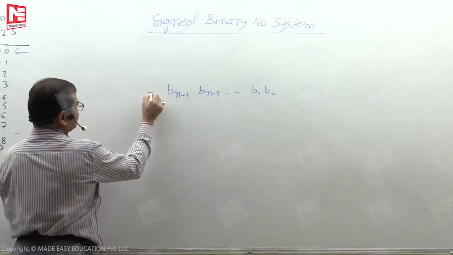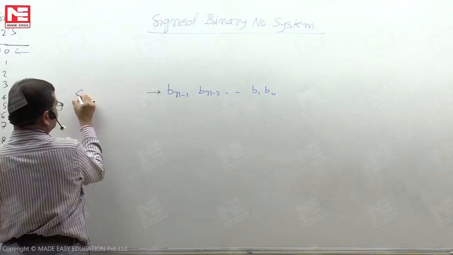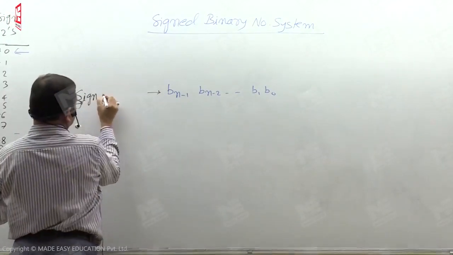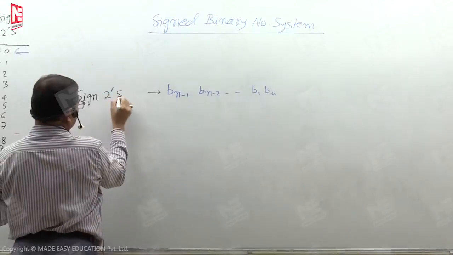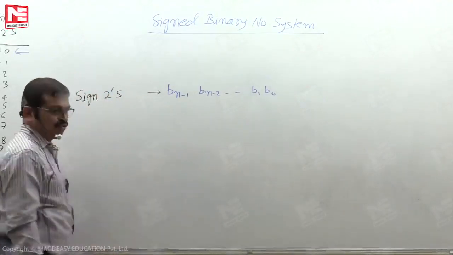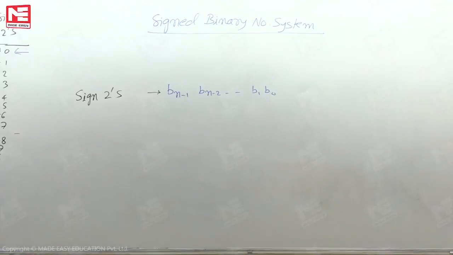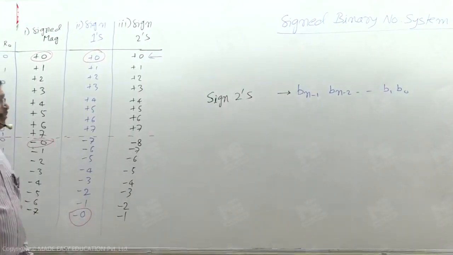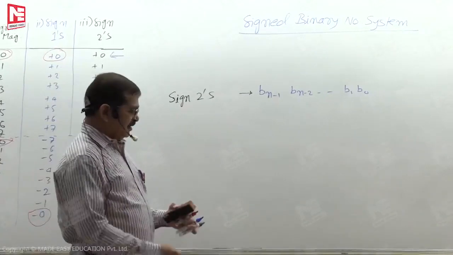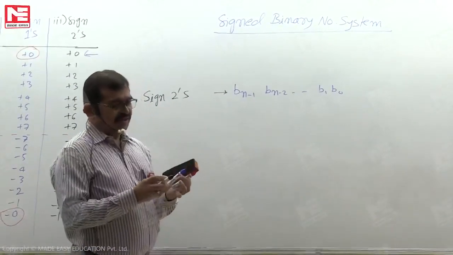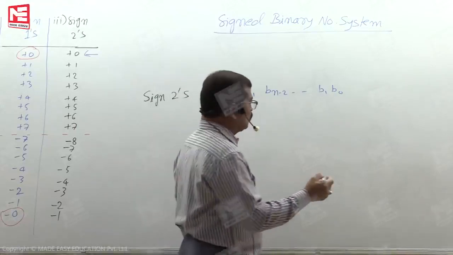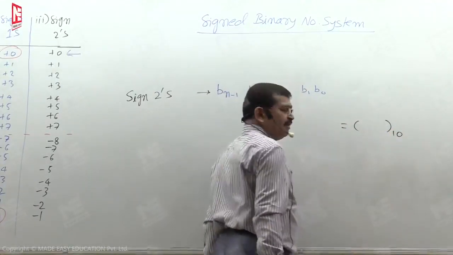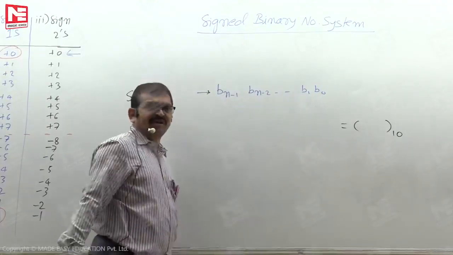Consider that the given number is in 2's complement form. If you are interested in its equivalent decimal value, one of the simplest ways to look at it is as follows.